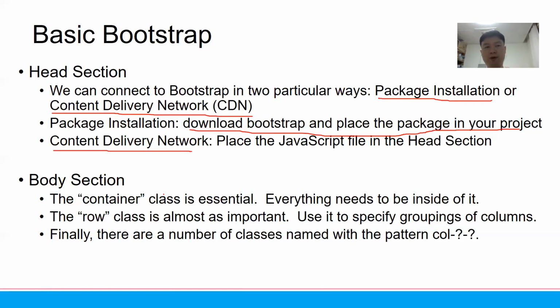In Bootstrap, there is a particular row to define the design. It is used to specify the grouping of the columns. And also there will be some classes. If you understand object oriented programming, it will not be so difficult to understand the classes.